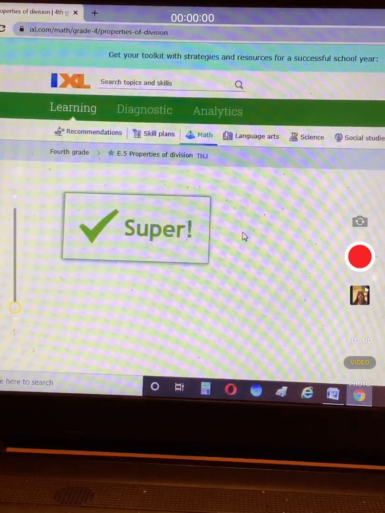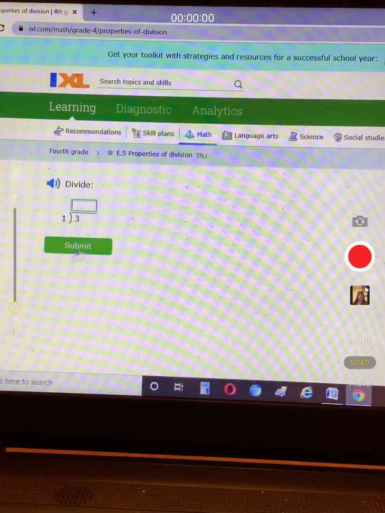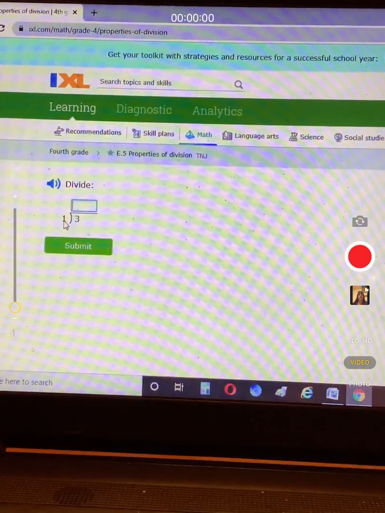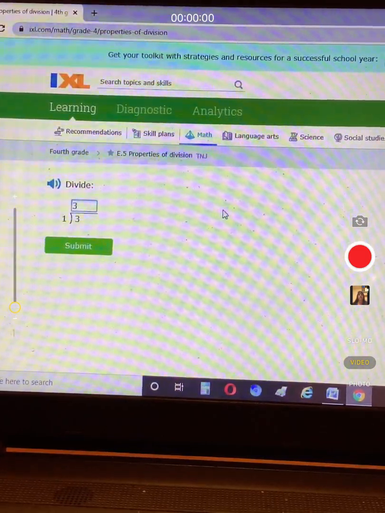Let's try that one. Okay. 3 divided by 1. There's a 1, so it's going to be the 3 then.